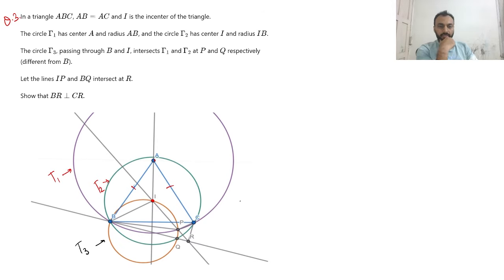and we have to draw it in a way that it intersects the remaining two circles, the green one and the bigger circle, circle 1, at P and Q. So we just draw any random circle which passes through I and B, which intersects circle 1 at P, and the circle 2 at Q. And if we extend IP and BQ, they intersect at R, and we have to prove CR is perpendicular to BR.